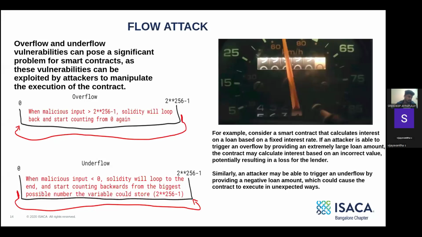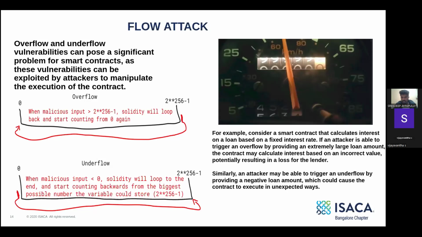For example, consider a smart contract that calculates interest on a loan based on a fixed rate. If you take a loan from the smart contract, it calculates the final amount after interest rate and processing fee.